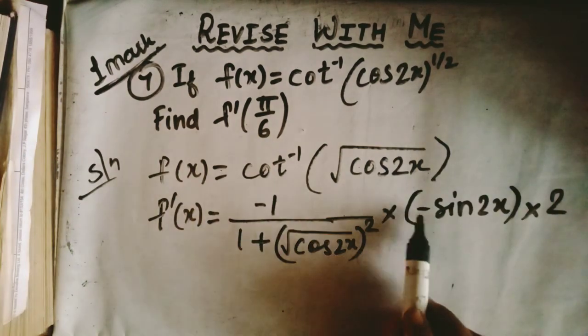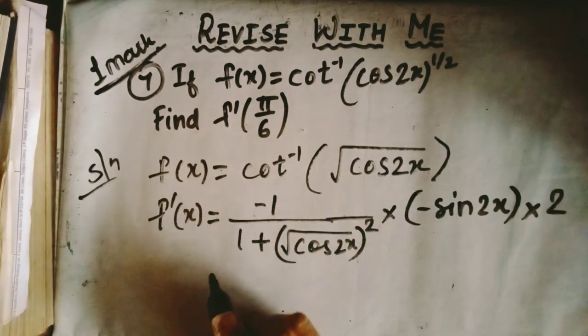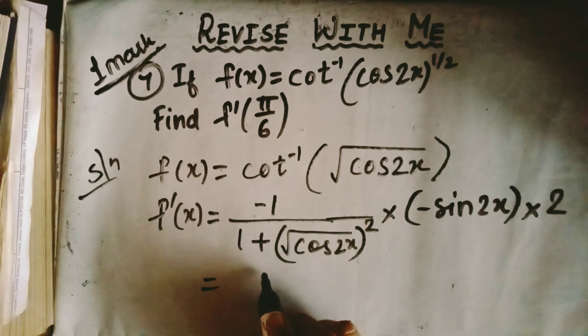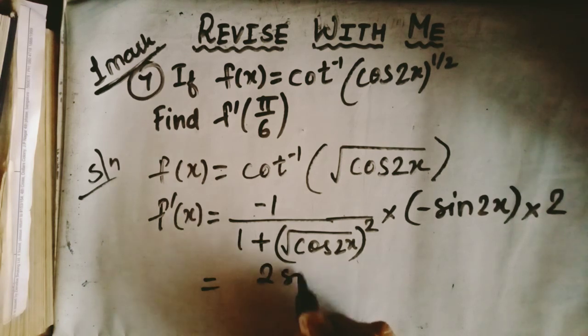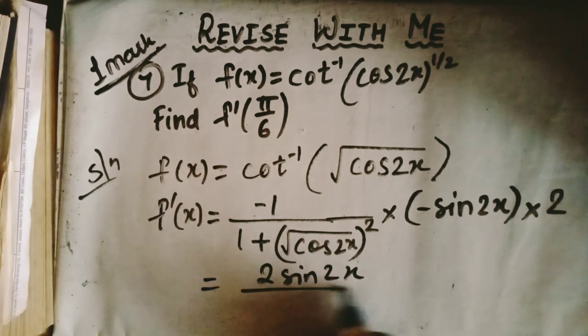Minus into minus becomes plus. So this will be 2 sine 2x upon 1 plus cos 2x.